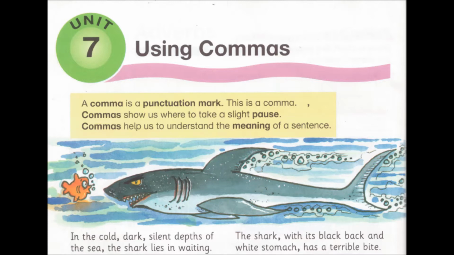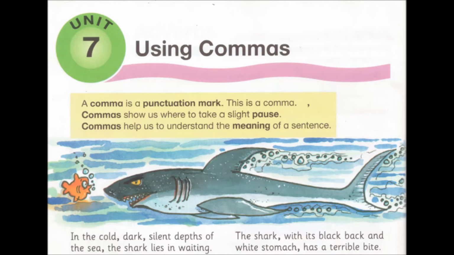Okay, and then there's a pause after sea. The shark lies waiting. Because you could actually have the sentence, the shark lies waiting, on its own. But what you're doing is you're describing the surroundings of the shark lying in wait. In the cold, dark, silent depths of the sea, the shark lies waiting. It's quite an effective sentence.